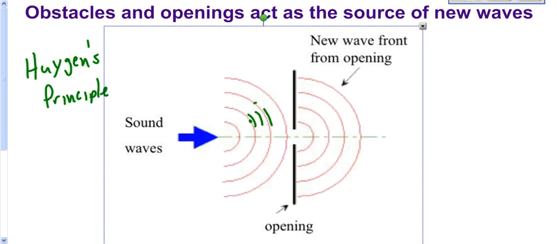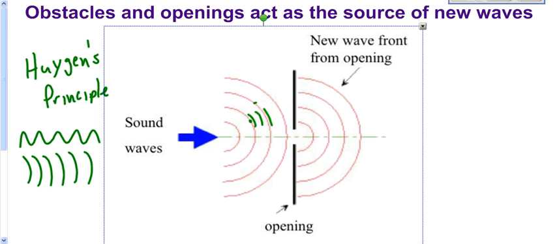So we talk about how we draw waves. We can draw waves like this if we want to. We sometimes draw waves as wave fronts, right? We can also say that these wave fronts travel as a series of rays perpendicular to the fronts. So waves can be represented in multiple ways. Whatever helps us understand what's going on is the way we typically draw it.